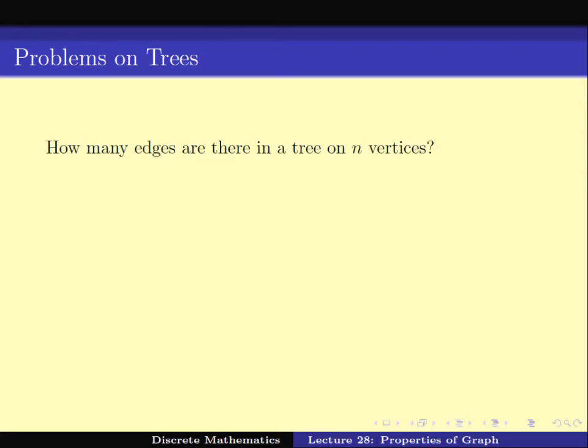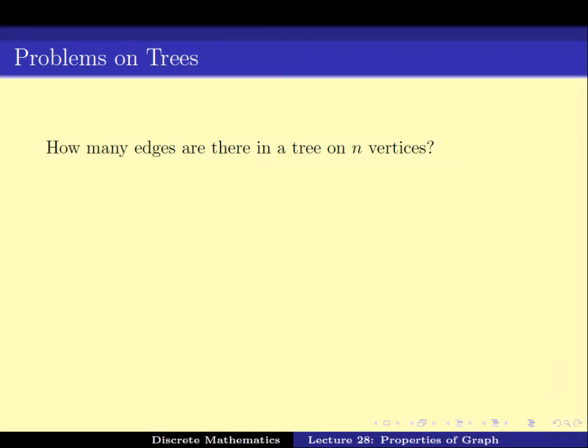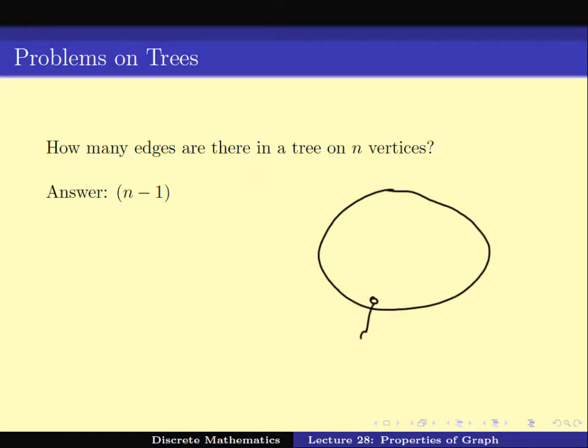Now, can you answer this question? How many edges are there in a tree on n vertices? Let me first give you the answer: it is n minus 1. And how do you prove it? The proof can be done by induction. Here was a tree and here was a leaf.